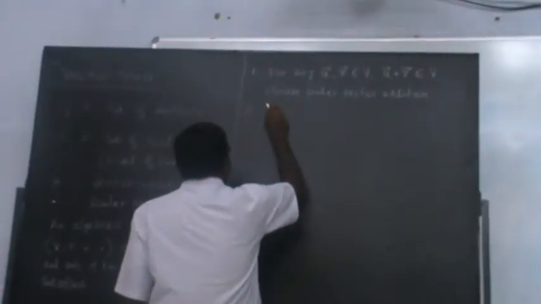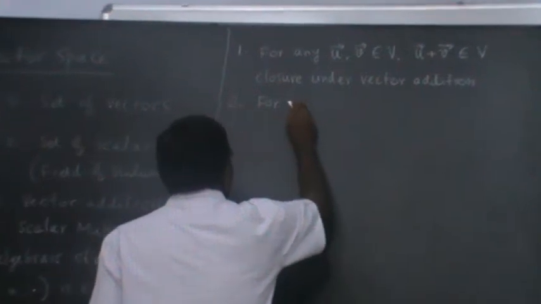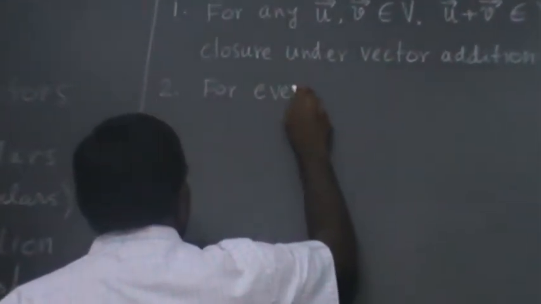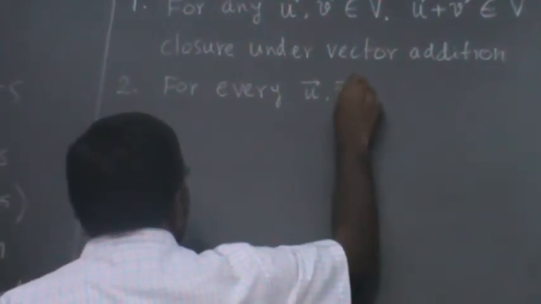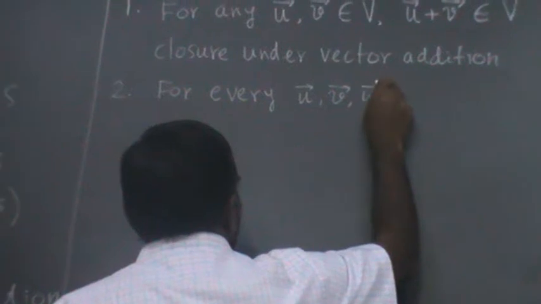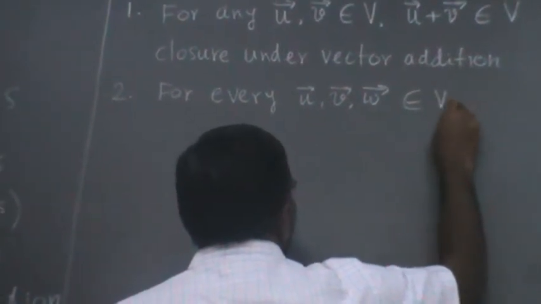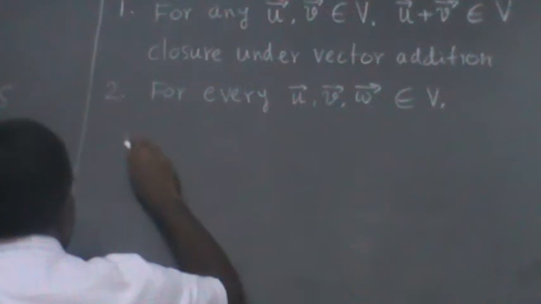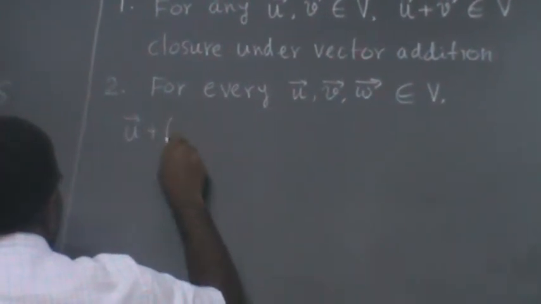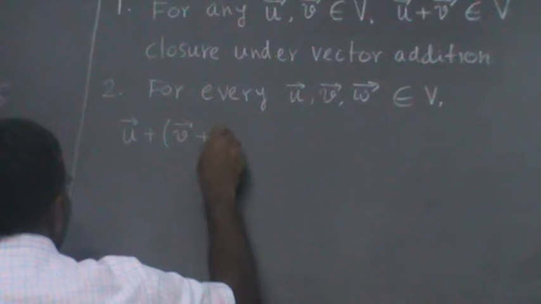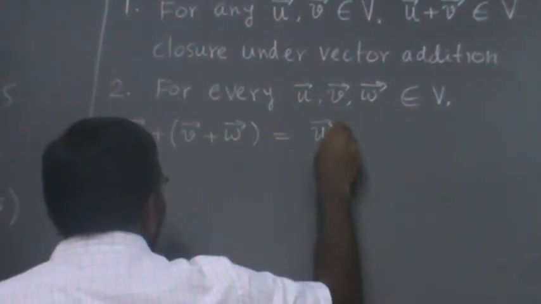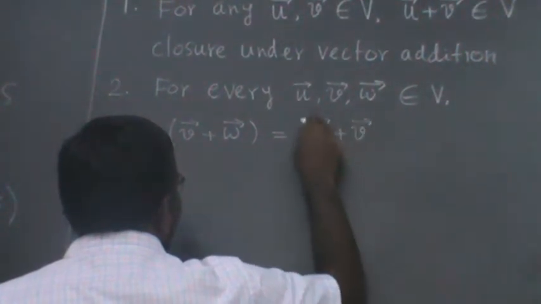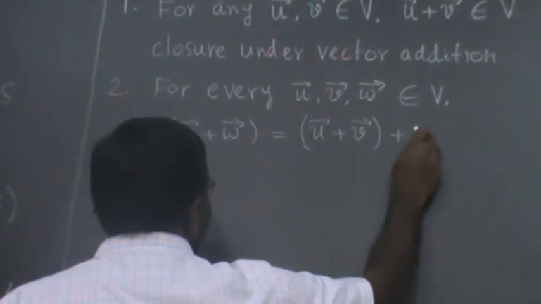Second property is that for every u, v, w in V, u plus (v plus w) is the same as (u plus v) plus w.